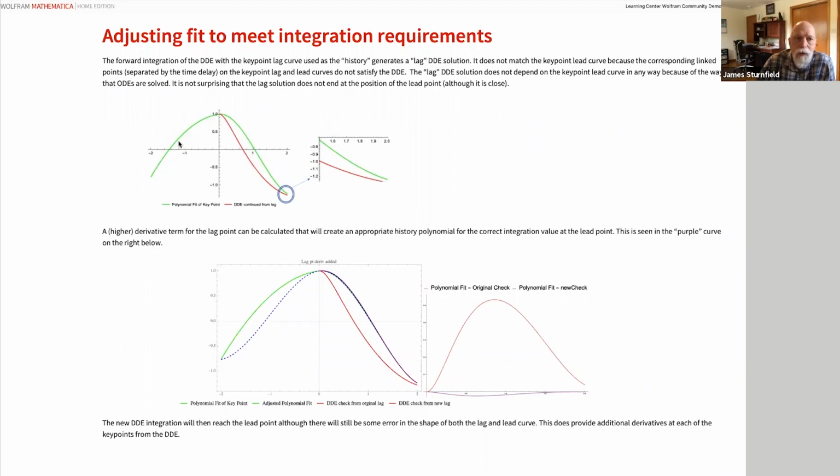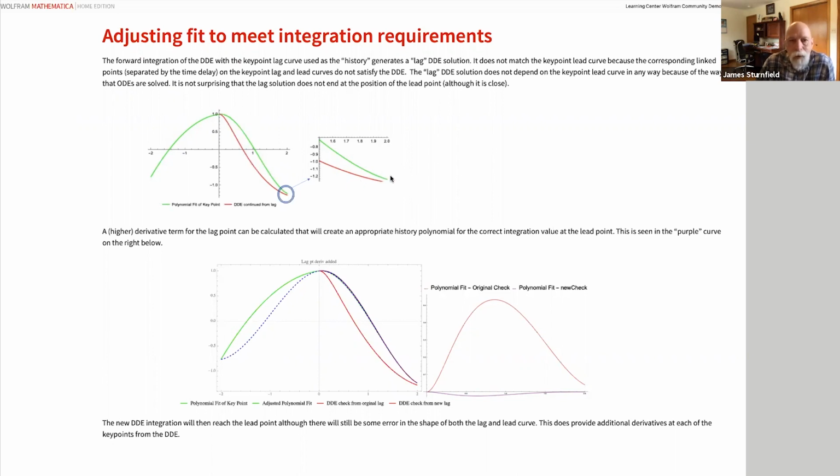If I take this approximate lag curve and integrate it over the DE as my history, I get a solution that's off quite a bit in this case, but it's also off in terms of it's not reaching the position of the lag point. I'm sorry, the lead point.